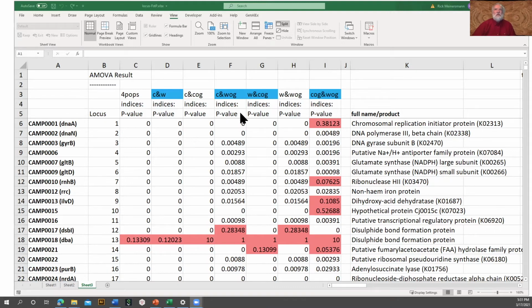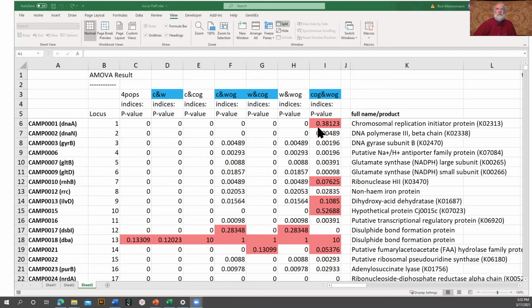And then the p-values are all listed on the table below. Whenever the value is less than 0.05, that indicates significant differentiation between the different populations. Many fewer of the values were not significant than there were significant.